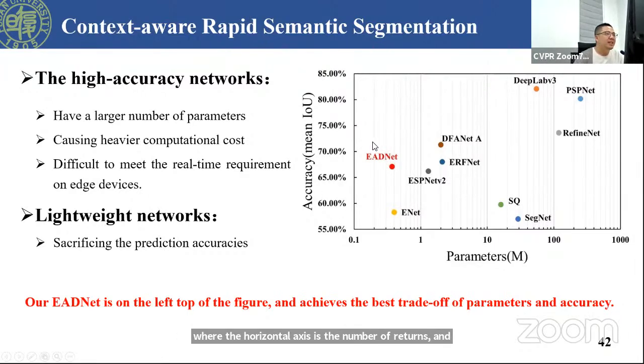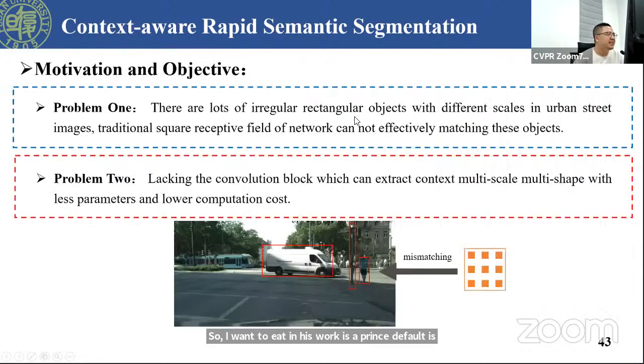We can see the red one, EEDNet, which is designed by us, achieves the optimum trade-off between number of parameters and accuracy. So our EEDNet work is mainly based on the following ideas.